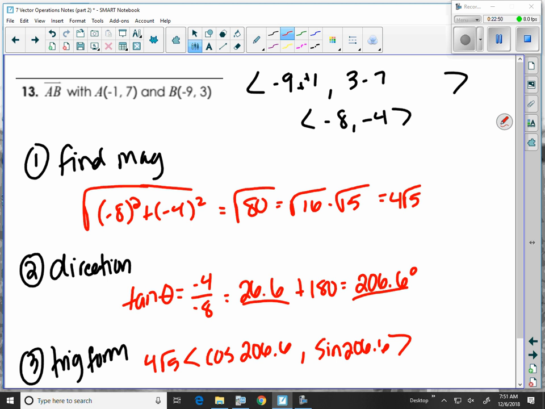Give 14 a shot on your own. We'll be done with notes. Same steps, but you have to find that component form first.